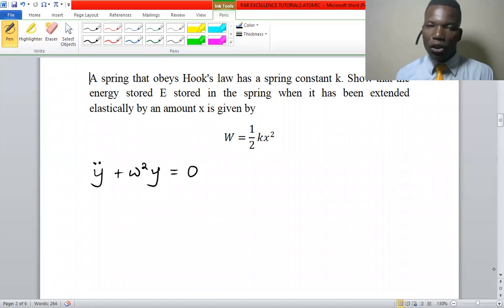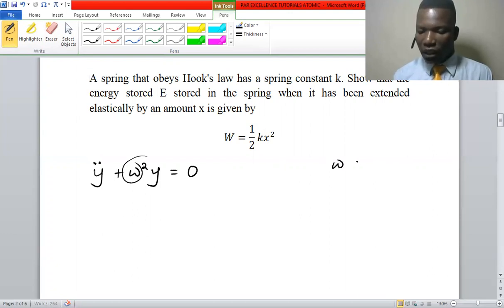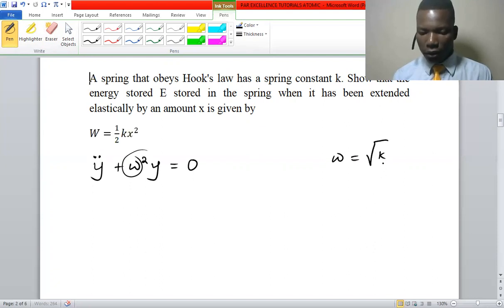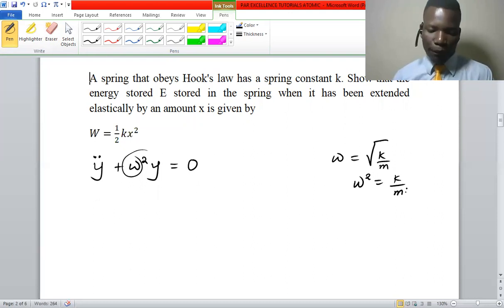And I want you also to remember that this is the angular speed, and we know that angular speed squared is actually k over m.